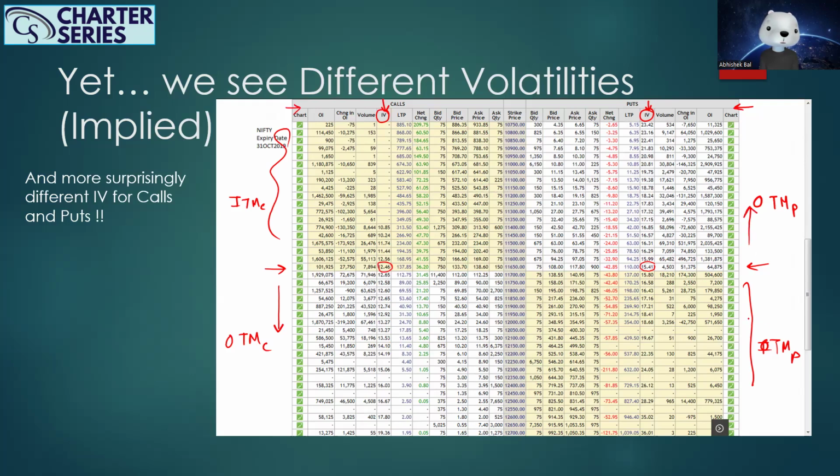But with put, there is an additional aspect that I want you to focus upon: as we move deep in the money from ATM, we will see that here again the implied volatility is increasing. So these are the real things.